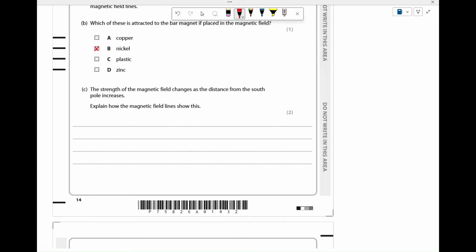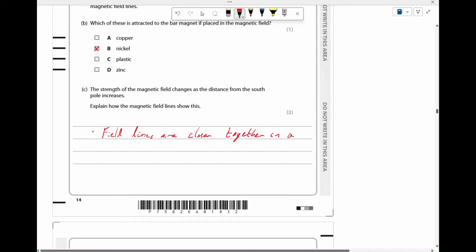So the important thing here is field lines are closer together in a stronger field.